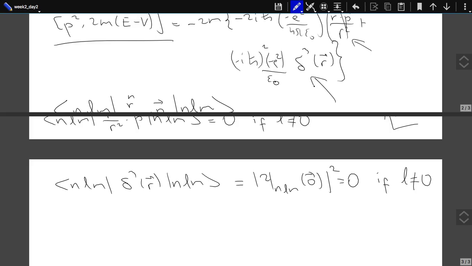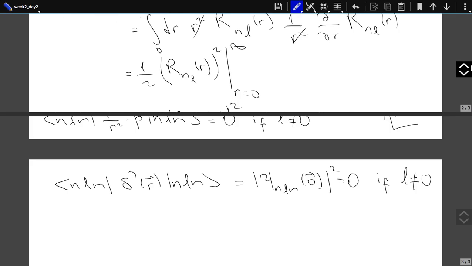The only case you have to pay attention to is what happens when L is equal to 0. Well, that is also not so difficult. When L is equal to 0, we have two contributions. One from here. We have this NLM R hat over R squared dot P matrix element.